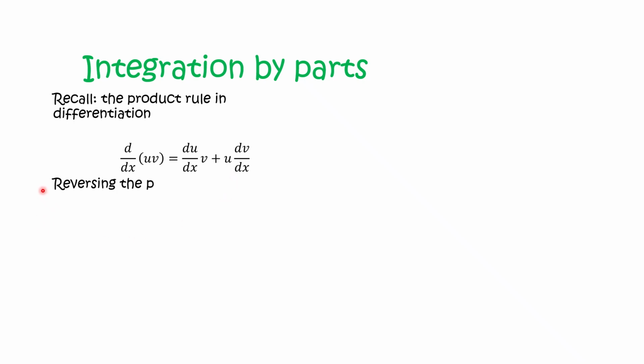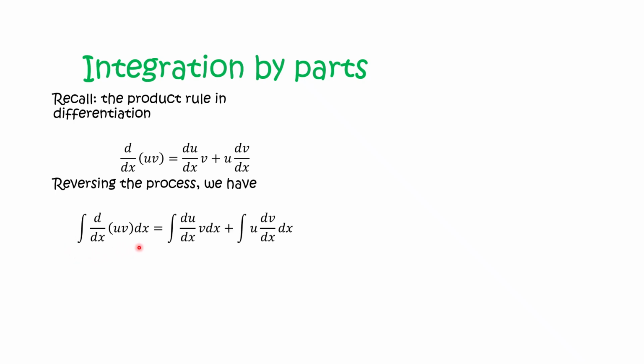Now, reversing the process, we would have the integral of d/dx of uv dx is equal to the integration of du/dx v dx plus the integration of u dv/dx dx.